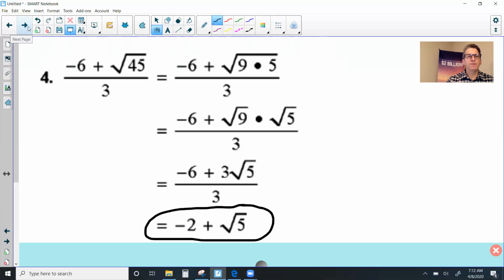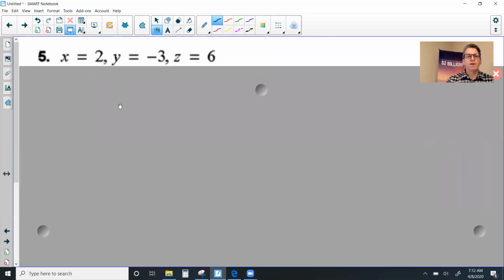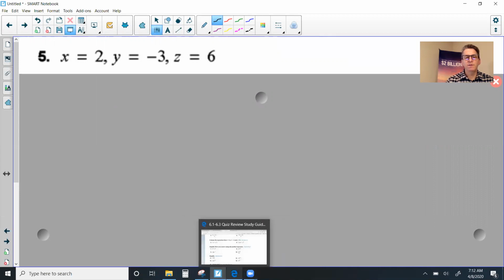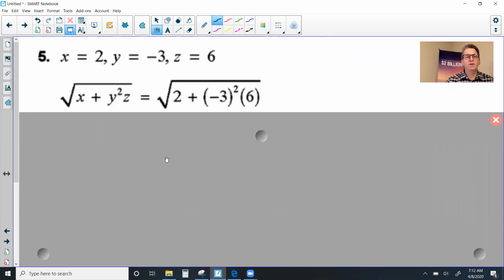Number 5. Here you're given x is 2, y is -3, and z is 6. What you're asked to do is determine the value of the expression square root of x plus y squared times z.